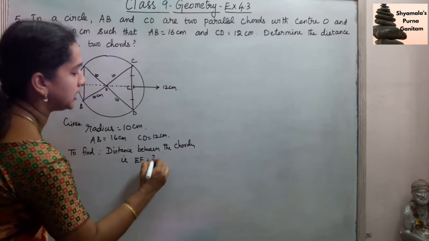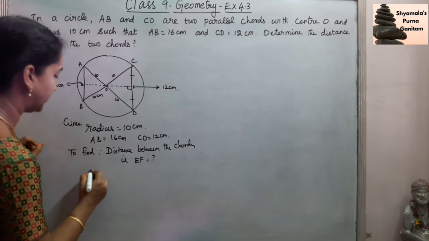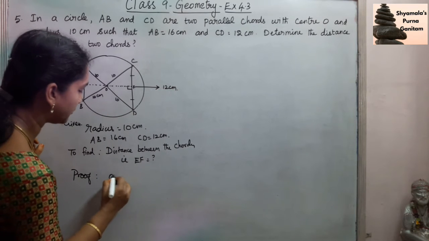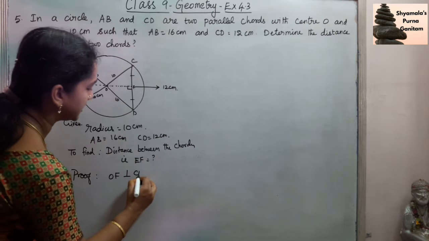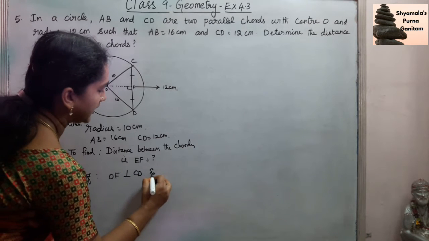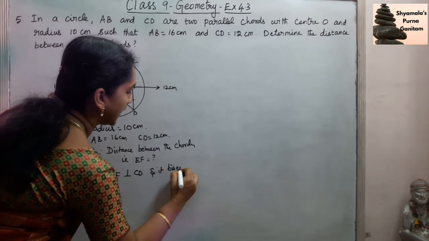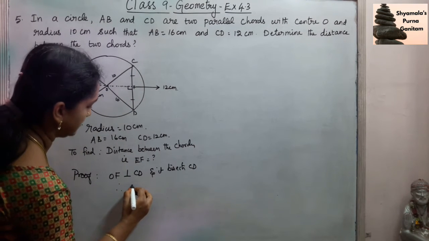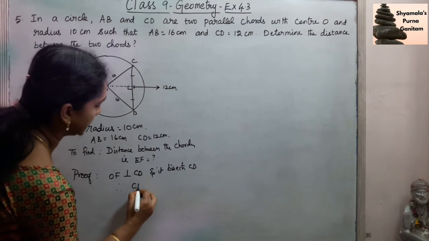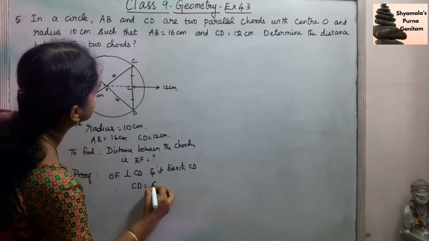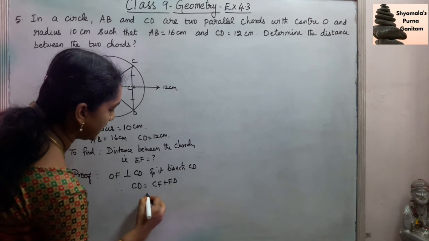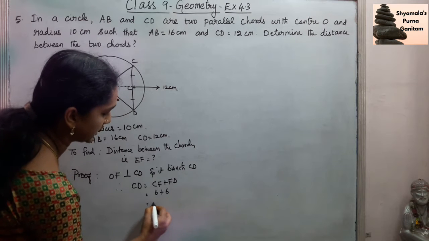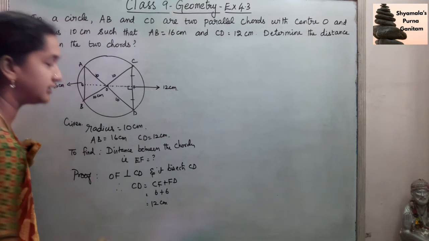Then the proof: OF is perpendicular to CD and it bisects CD. Therefore CD is equal to CF plus FD, that is equal to 6 plus 6 centimeter, that is equal to 12 centimeter.